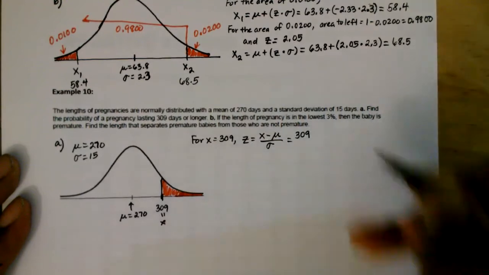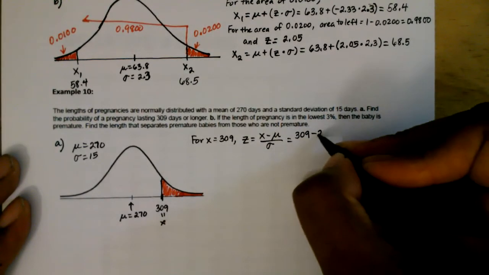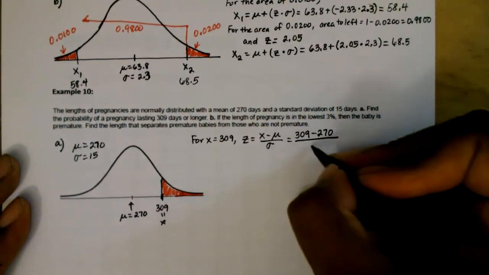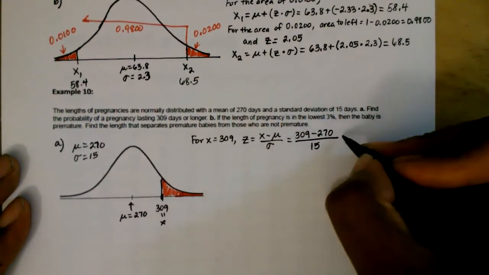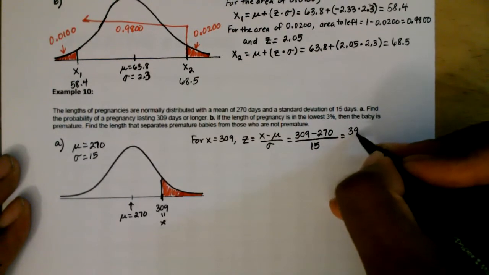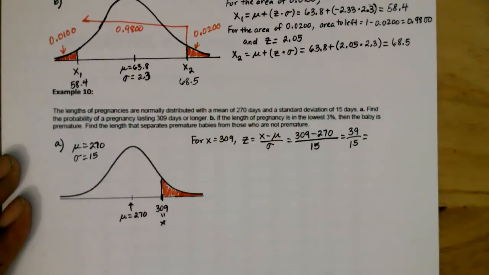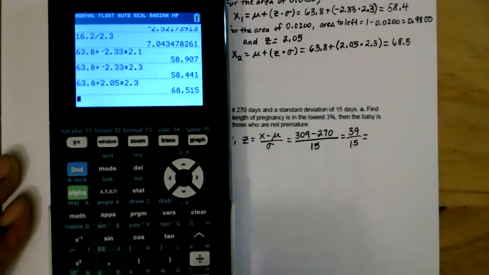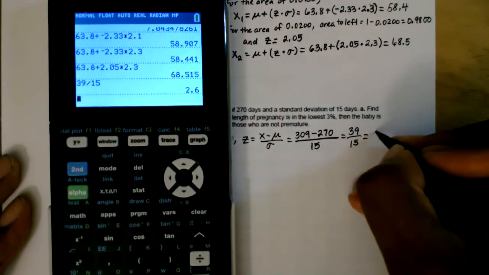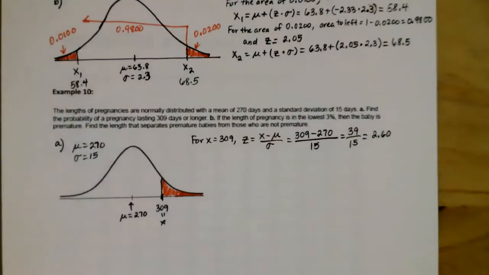That's what X is, minus mu, which is 270, divided by sigma, which is 15. Subtract 270 from 309, you'll get 39. 39 divided by 15, I'll show you on the calculator, that would be 2.60, carried out to 2 decimal places. You always carry your Z values to 2 decimal places.